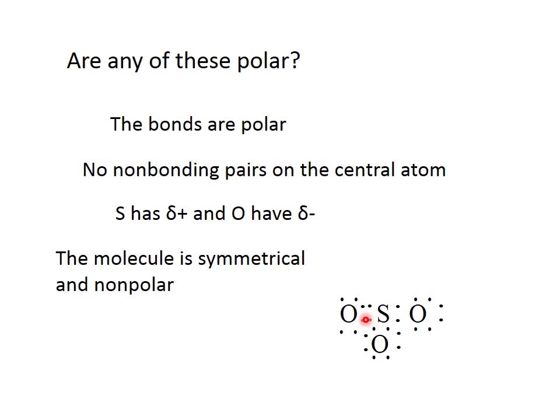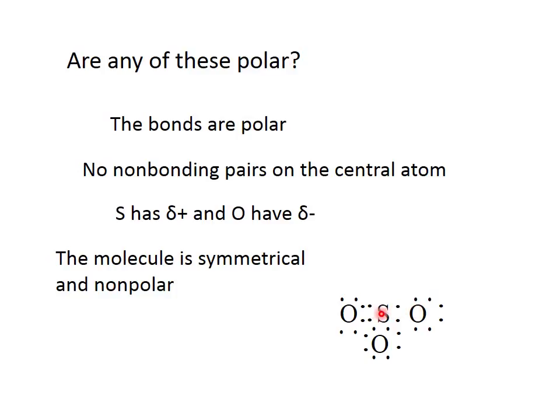Let's look at sulfur trioxide. Is the sulfur-oxygen bond polar? Well, if you look at the periodic table, oxygen is above sulfur, so oxygen is going to get a del negative, and sulfur is going to get a del positive. Now, if I look at the molecule as a whole, the individual bonds are polar, del positive on sulfur, del negative on oxygen.